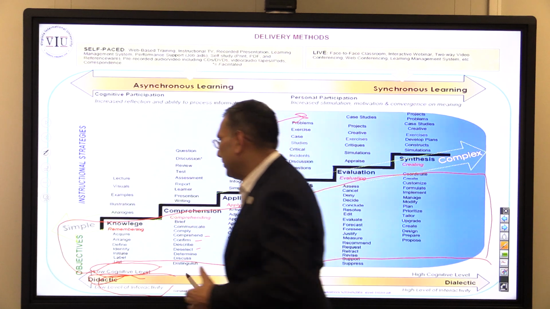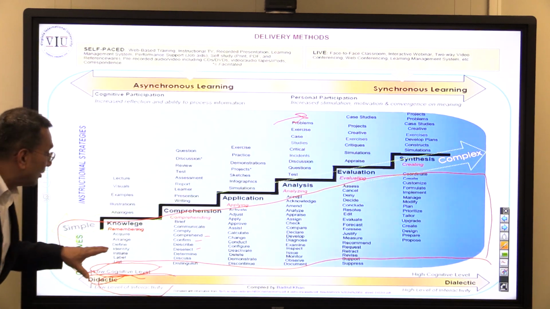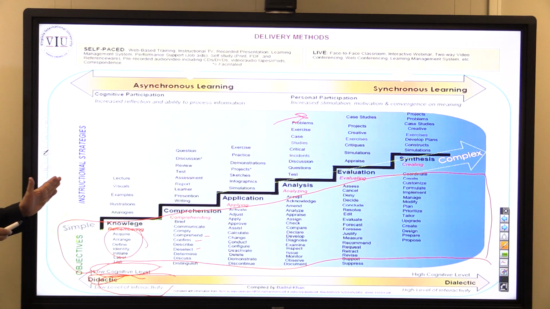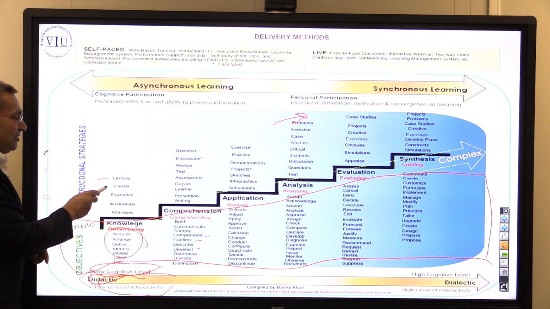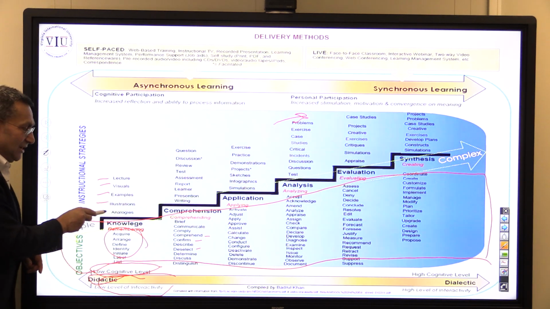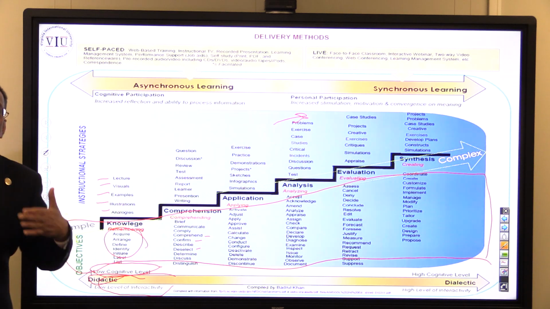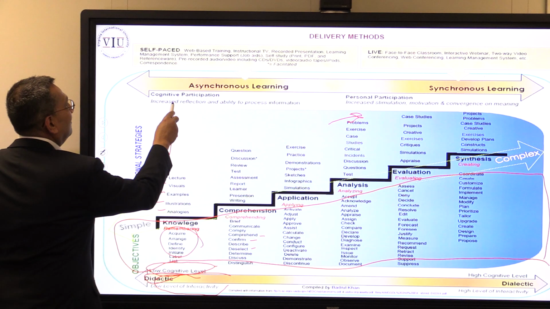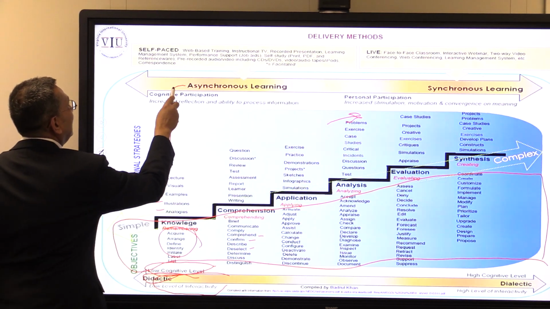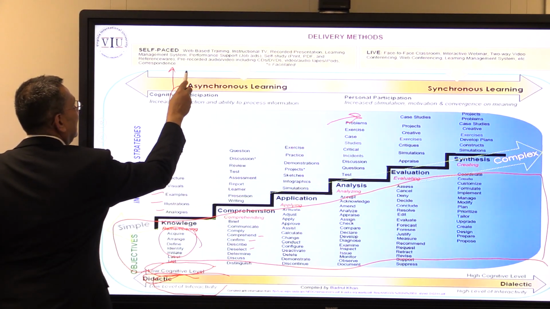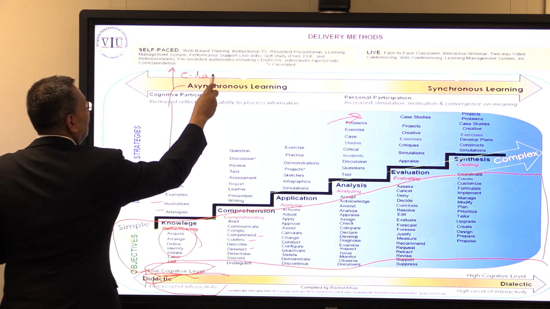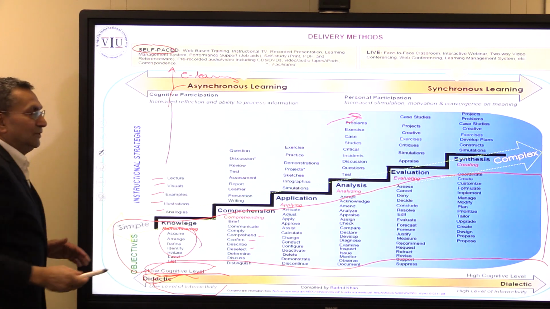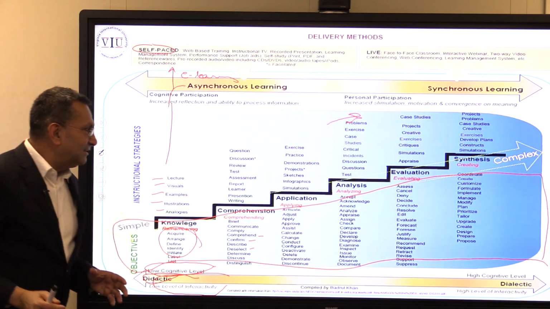For that particular reason, if you are here, I have recommended instructional strategies, which are lecture, visuals, examples, illustration, analogy. There are so many. You come up with innovative ways. And then they are a good candidate for asynchronous, not live, e-learning or self-paced.